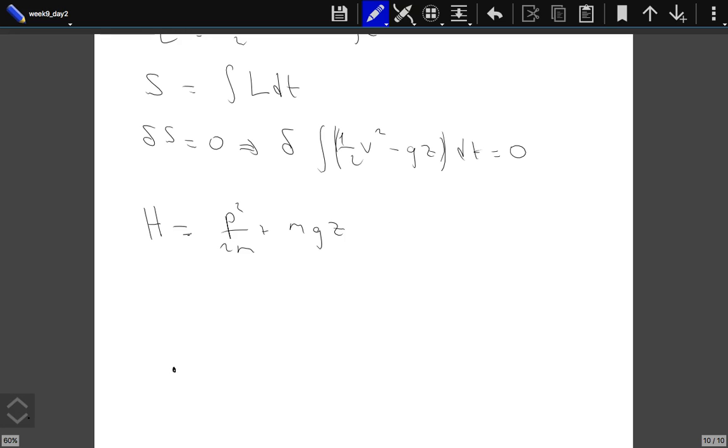I create my particles over here and somehow send them over there. I can send them through such a path. You start from A, go to B, and then go to C. Or you start from A, go to some other point D, and then go to C.